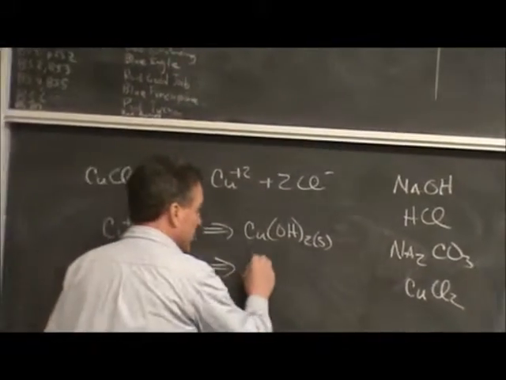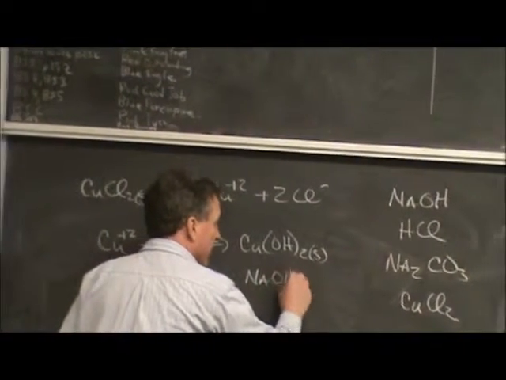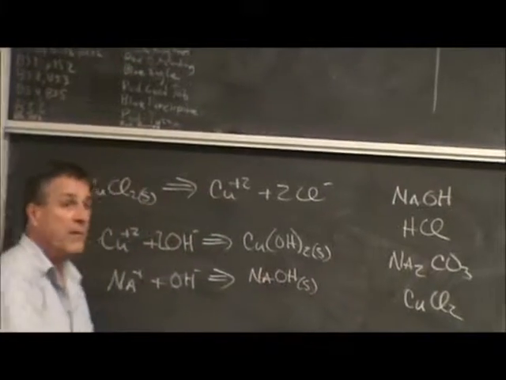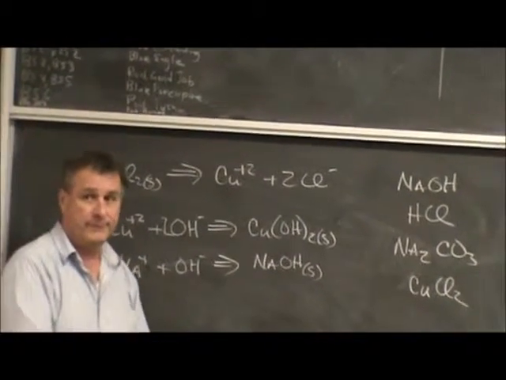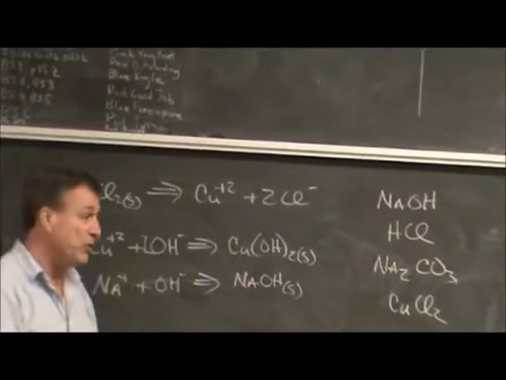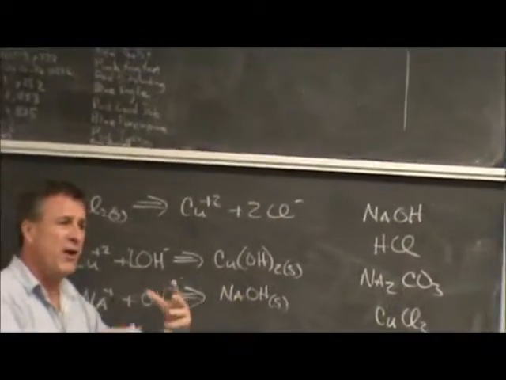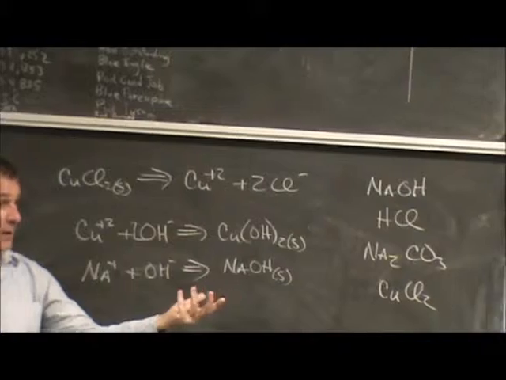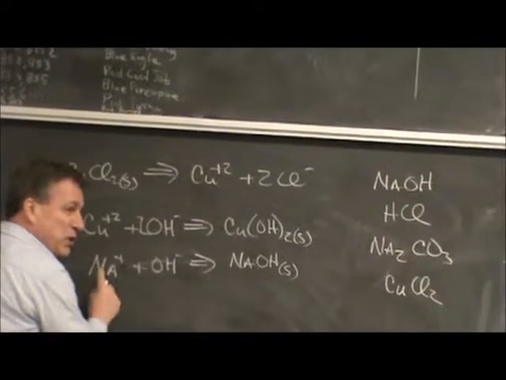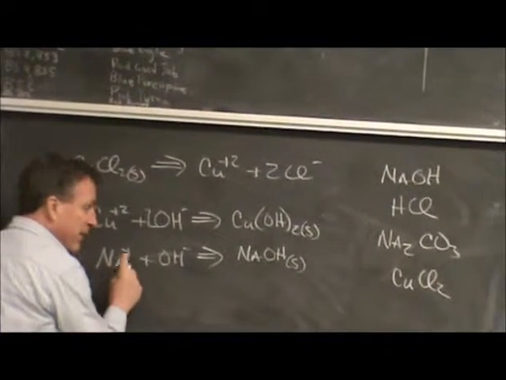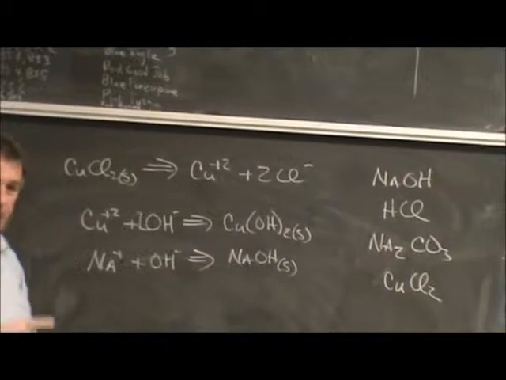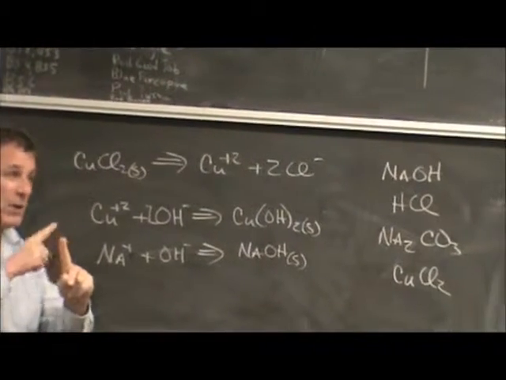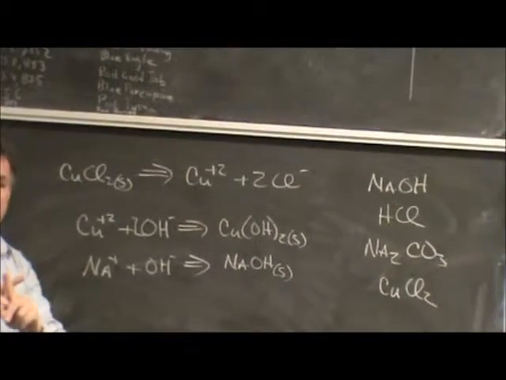Do we, for instance, make sodium hydroxide precipitate? How do you know? Solubility rules tell you that sodium hydroxide are soluble together. In other words, they're very willing to be separate in solution. How much attraction does a sodium ion have for a hydroxide ion? Not very much. And we know that from the solubility of sodium hydroxide.